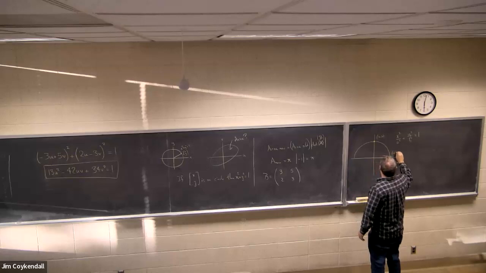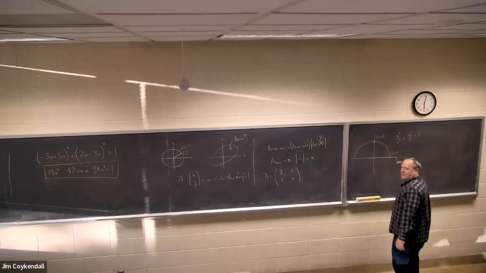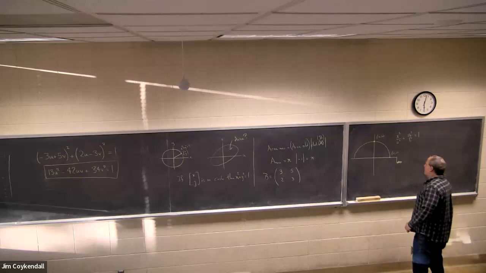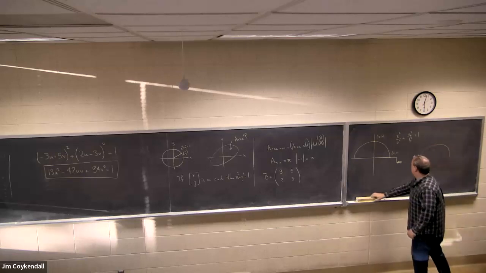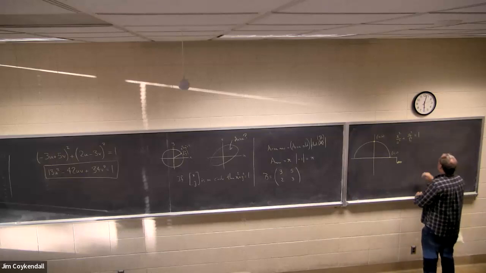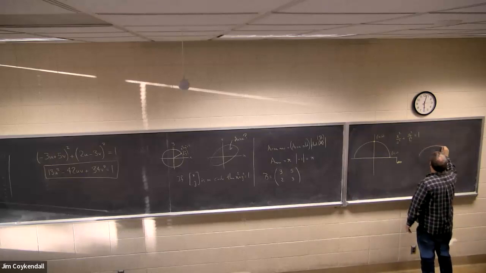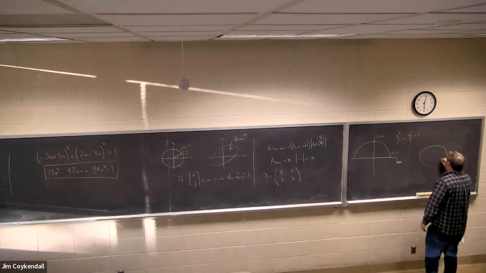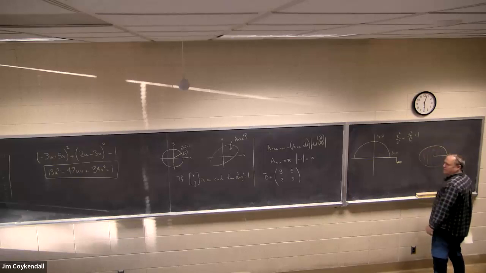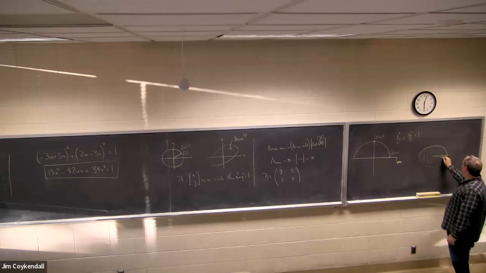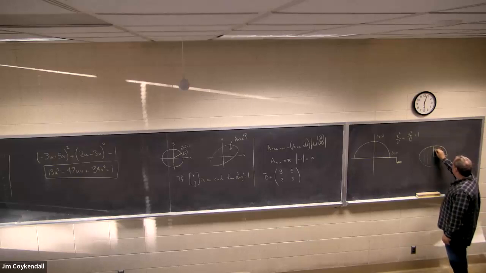This is A0, this is negative A0. When I spin this around, what's this going to look like? Well, it's going to kind of fill all out here, and you're going to get this kind of solid looking thing. And this length here will be A. And this length here will be B.